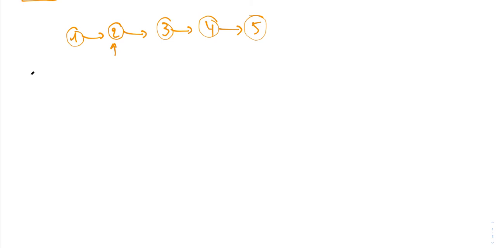I'm gonna put it in a variable, call it tail. It's going to be the head next. So the head and next. So it's going to be the value 2. And obviously 2 is going to be the tail when we reverse this linked list. Okay, so 5, 4, 3, 2.